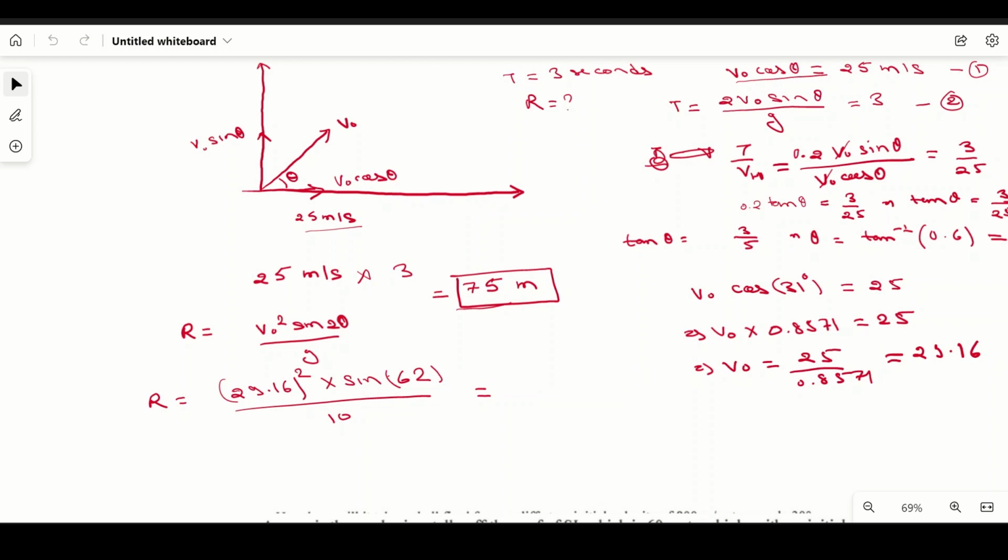This will be equal to 850 into sin 62, which is 0.883, divided by 10. So it will be 85 into 0.883, which is equal to 75 meter. So you can see we are getting the same value.